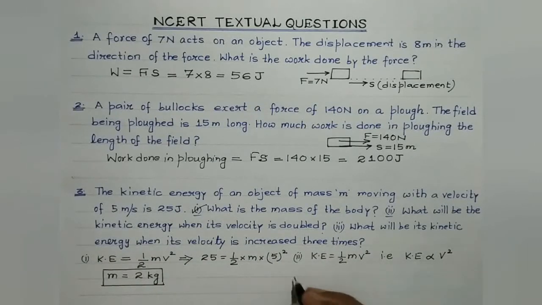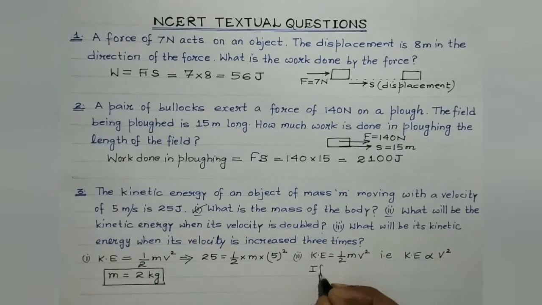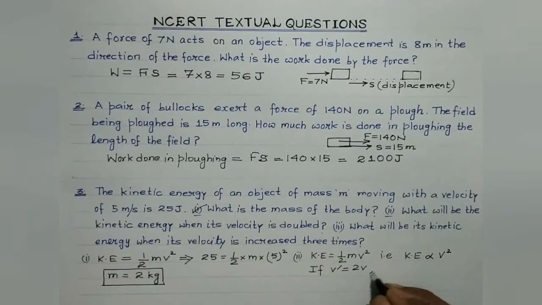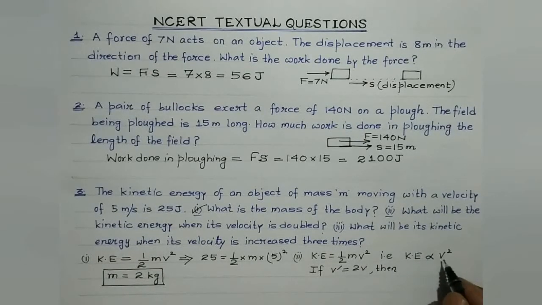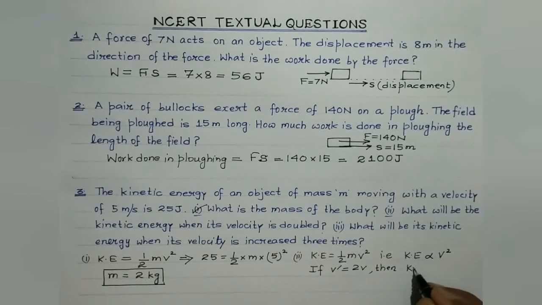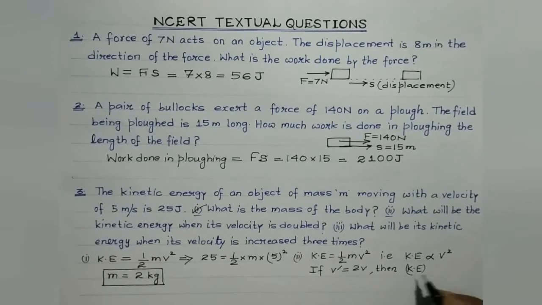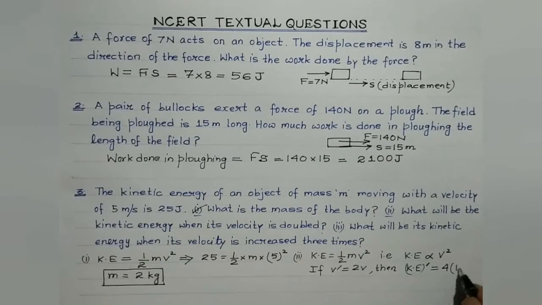So, students, if v dash is equal to 2v, then if the velocity is doubled, what happens? It will become 4 times. The new kinetic energy would be equal to 4 times the previous or initial kinetic energy.